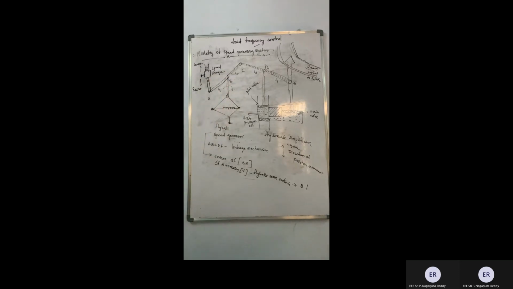Now you might be getting a question: why control the linkage mechanism? We should go for a frequency regulation, isn't it? Now I'm coming to that part itself. Once again, a small repetition. This is manual control of the linkage mechanism for variation of speed. This is automatic control of the linkage mechanism for control of speed, right?